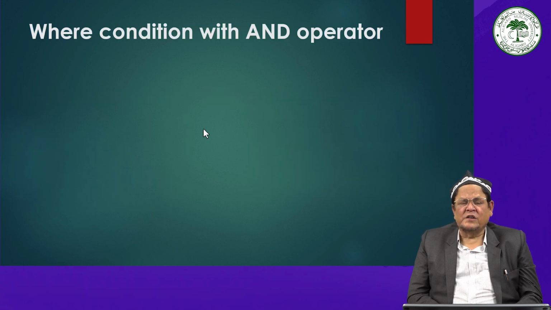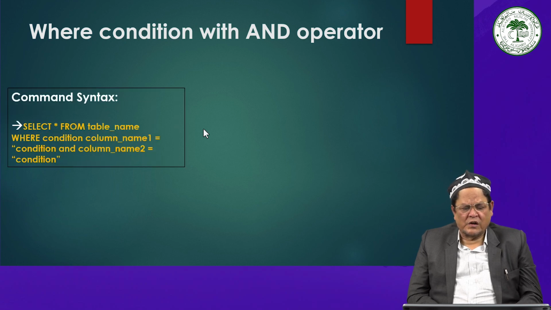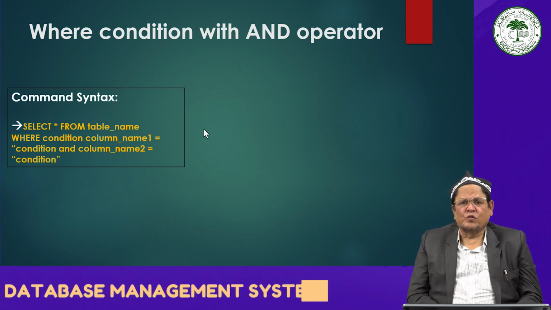The next condition we also have to know is the AND operator. It also plays a very vital role in finding a query. The command syntax for that is select star. Here also I am giving a star, which means all the attributes of the columns.